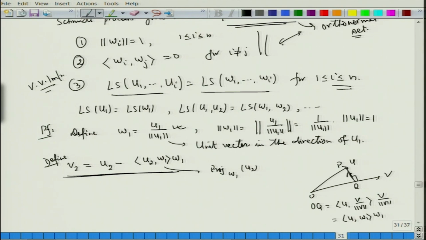You can see this here, or you can use the previous theorem where we had shown that if we keep removing the components.